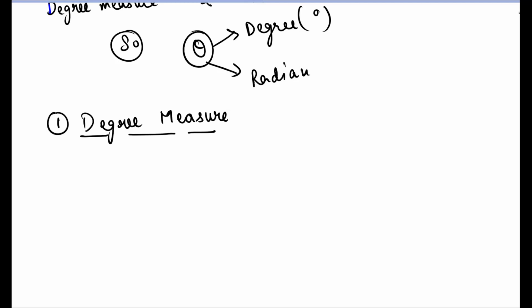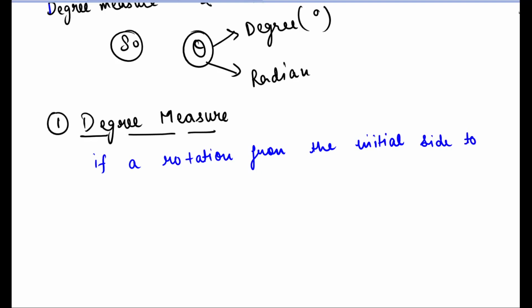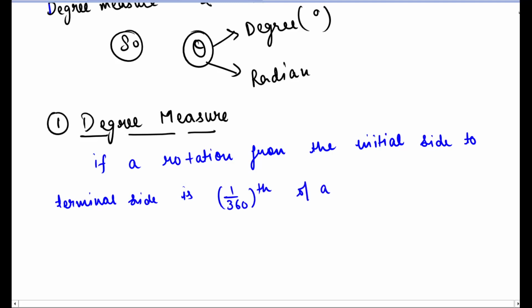If a rotation from the initial side to the terminal side is 1/360th of a revolution, then the angle is 1 degree.